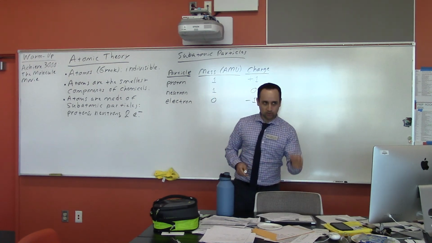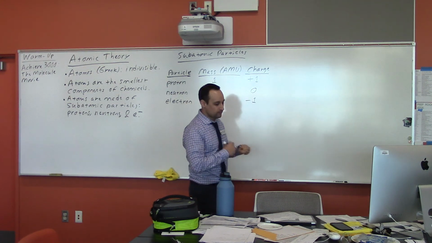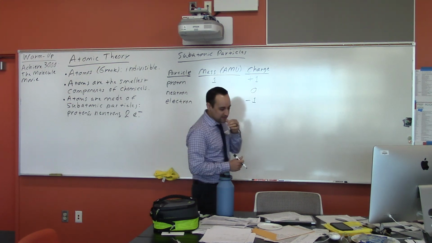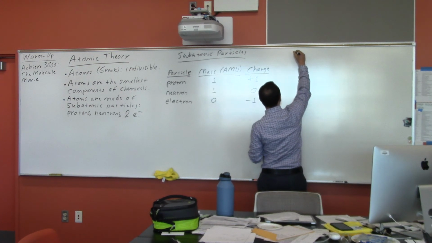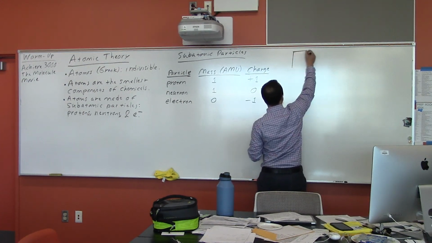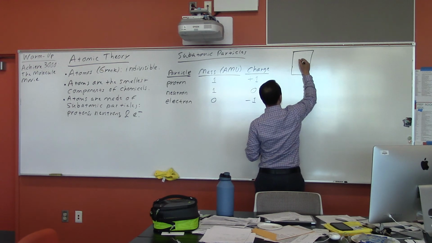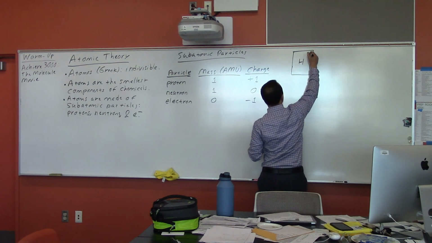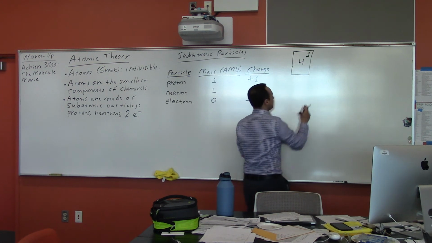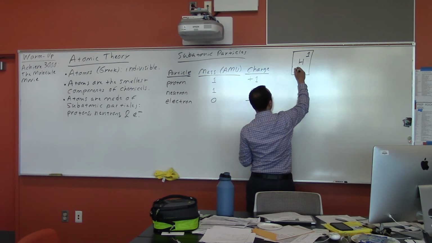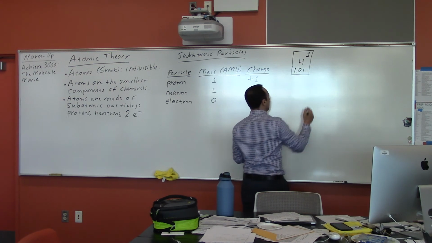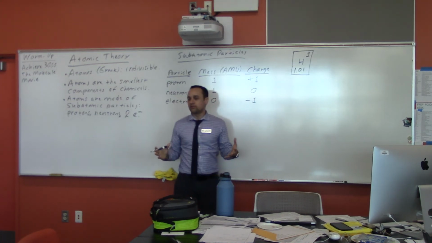And when you do, and there's one on the board back there if you want to look at it, you'll find that the smallest element is this guy right here. Hydrogen. Hydrogen has this number written on top, 1, and then on the bottom it has roughly 1.01. Okay, what's going on there?